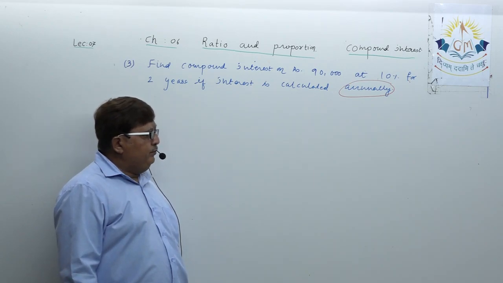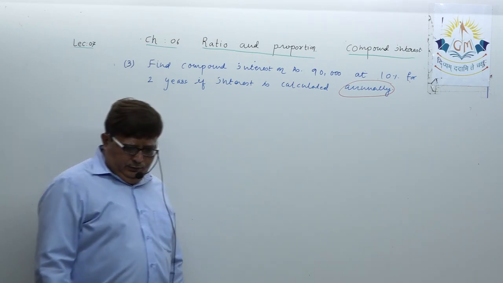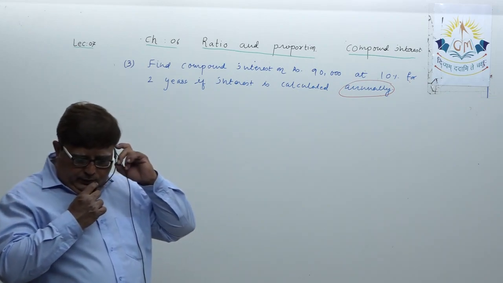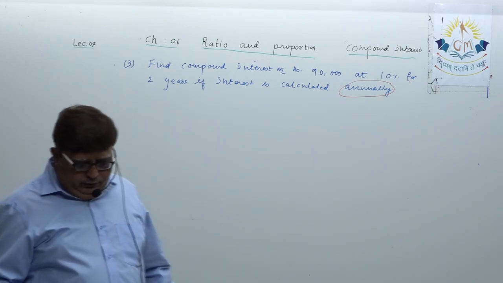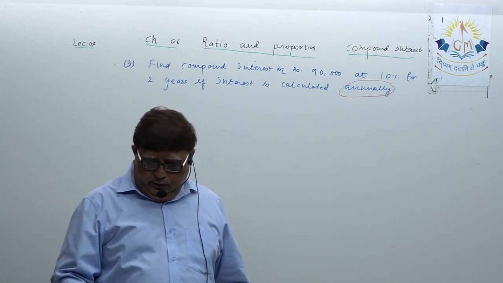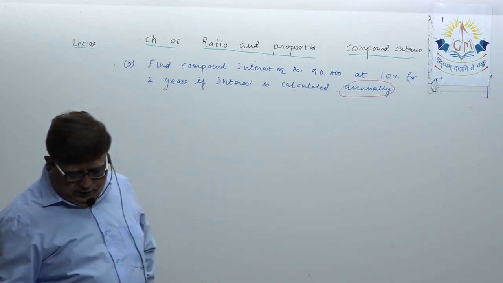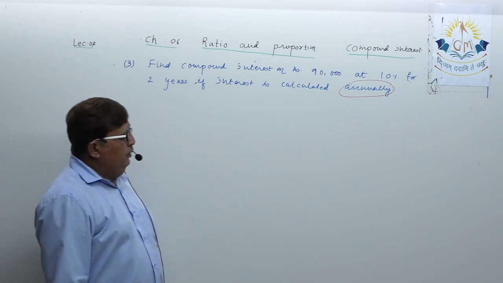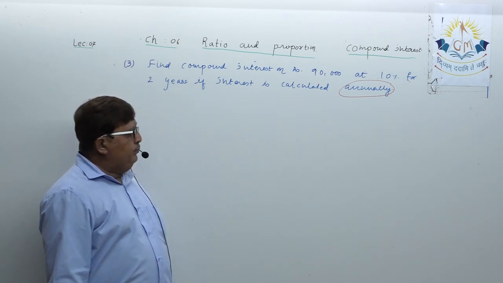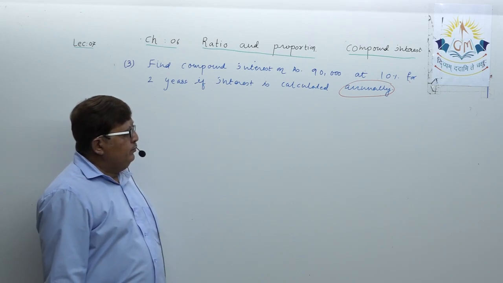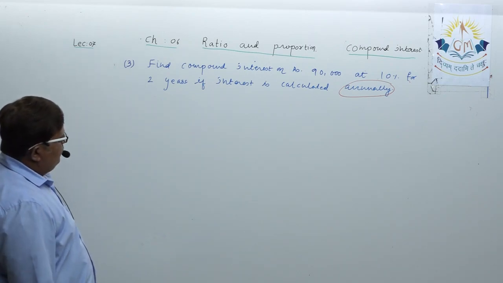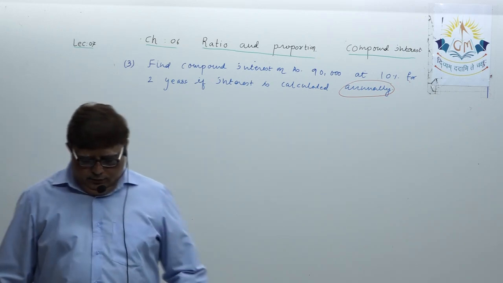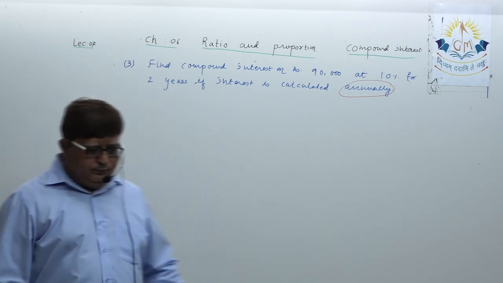Okay, you need to follow the steps we have done in solving all examples, so you will be able to catch it very easily. Okay, can we solve it now?